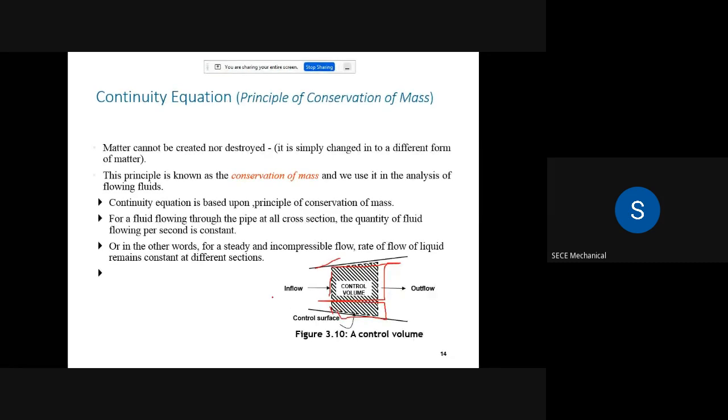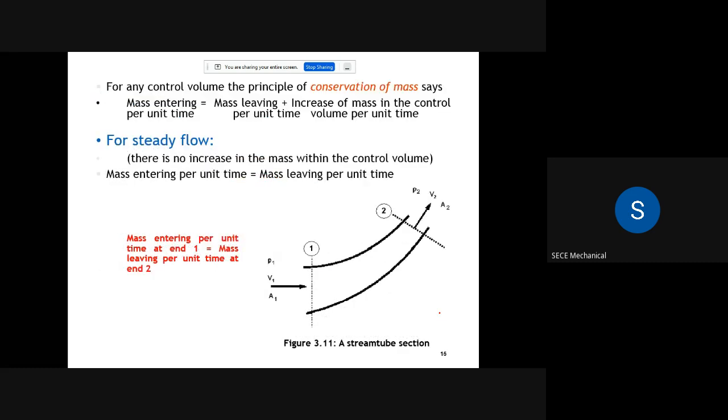In this control volume the flow comes in and flows out, with an inlet and an outlet. So what happens is that within this control volume there will be no mass loss, that is, no increase in mass and no decrease in mass.